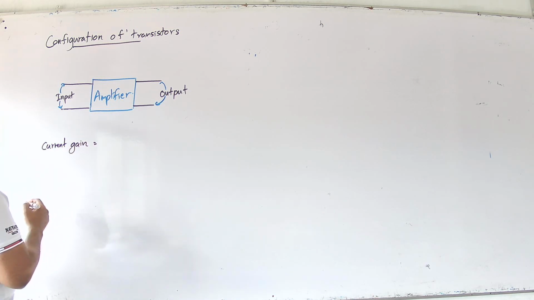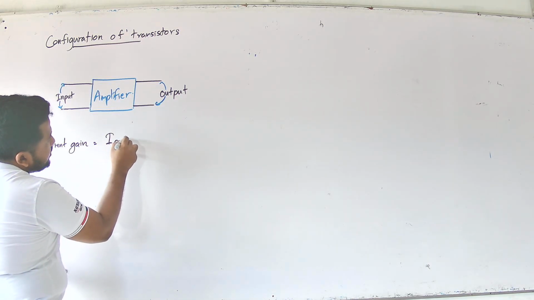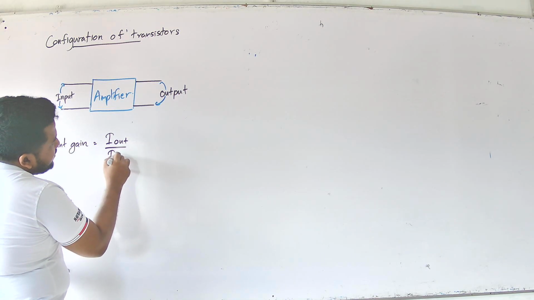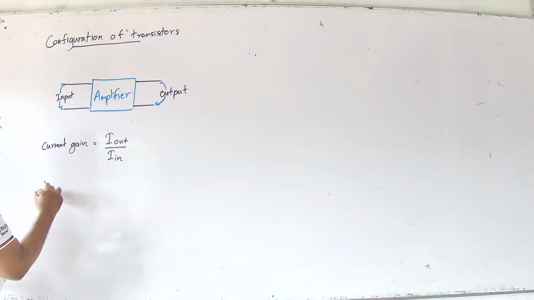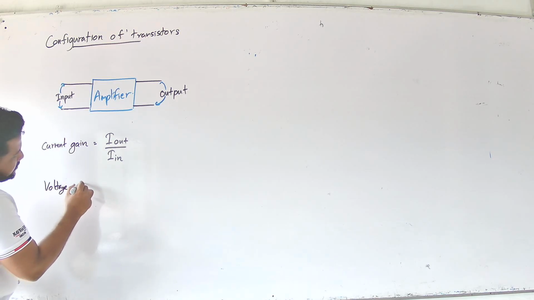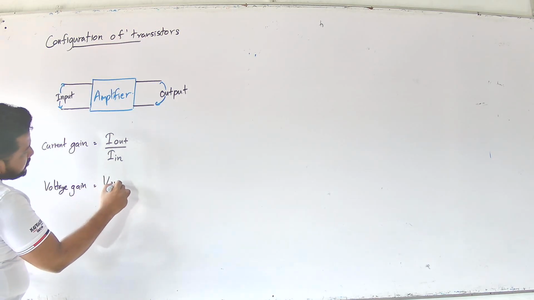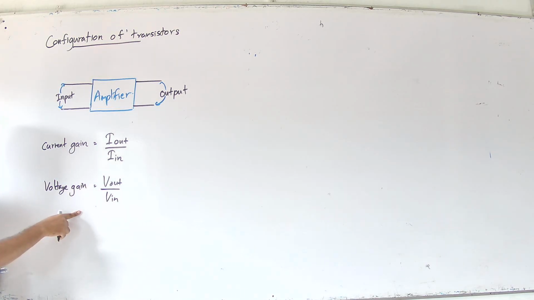some parameters. Current gain is I out over I in, right? Then voltage gain, so V out over V in, the ratio between them.